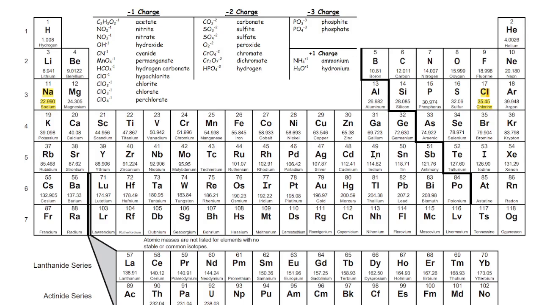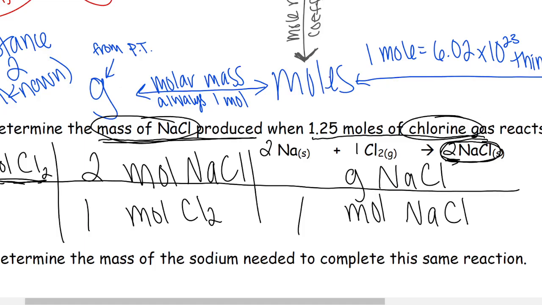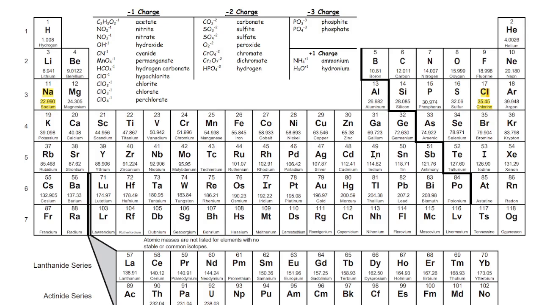We add those two together, and in my formula, I don't have any extra subscripts, so there is nothing to multiply it by. So 22.990 plus 35.45, and I'll give you a minute to calculate that.